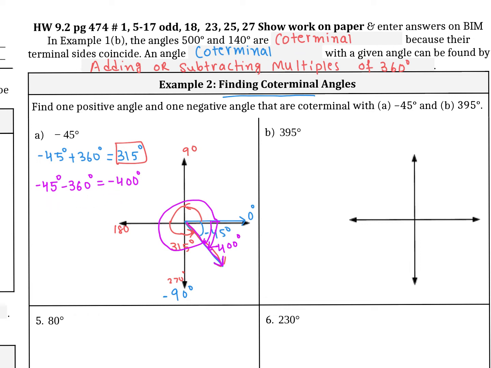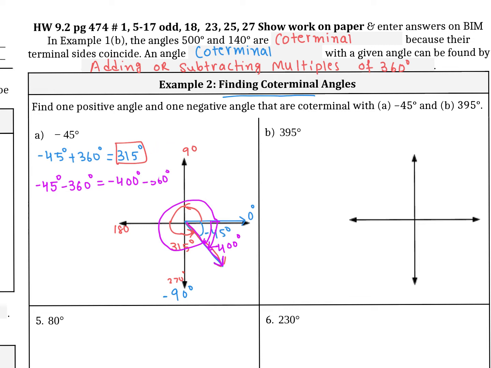Negative 405, same terminal. And most interesting is, if you add 360 to this one, it will still give you the same terminal. And if you subtract more 360, it will still give you the same terminal, because 360 brings you back to the original spot.